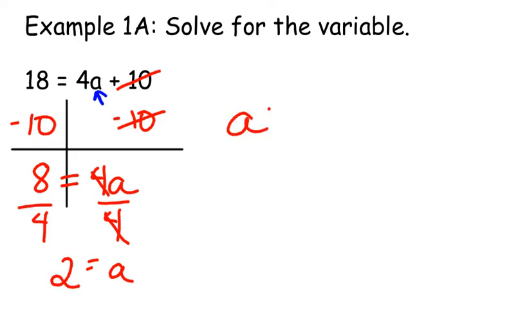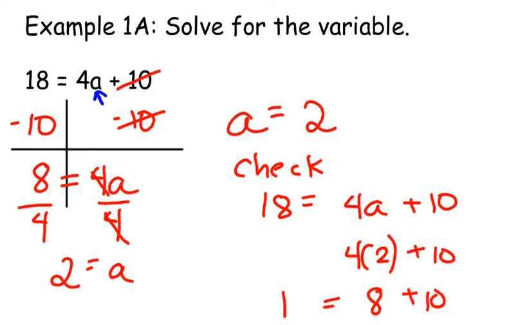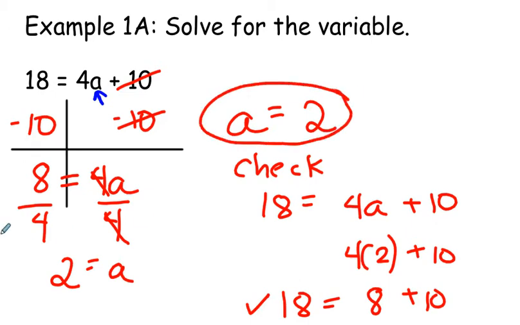So your solution here is a equals 2, which makes sense because when you check, you have 18 equals 4a plus 10. 4 times 2 is 8, and 8 plus 10 is 18. So that makes sense, and this is your solution.